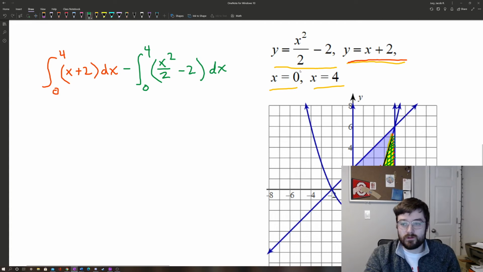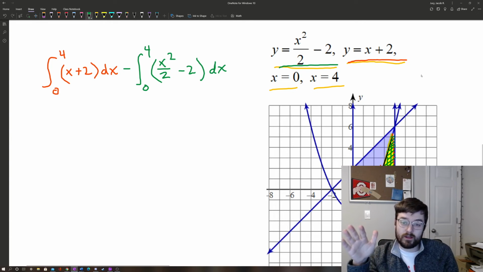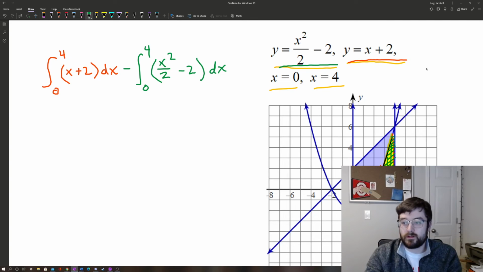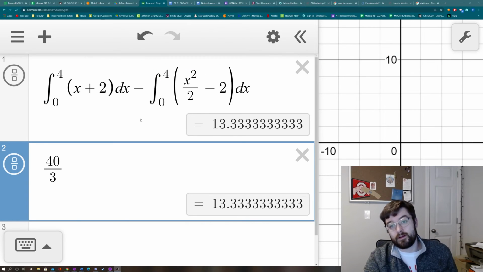So that's a mouthful for me. This quadratic is what we subtract from the orange linear function when we're talking about integral operations. So Desmos can calculate this too, and using that we can get an answer. Alright, so there's the calculated area using Desmos.